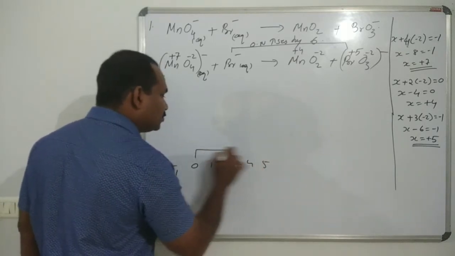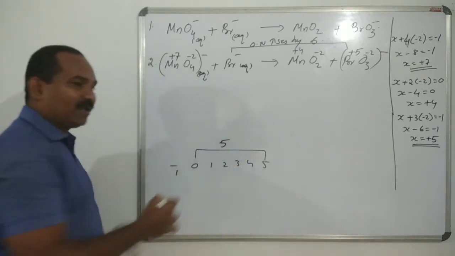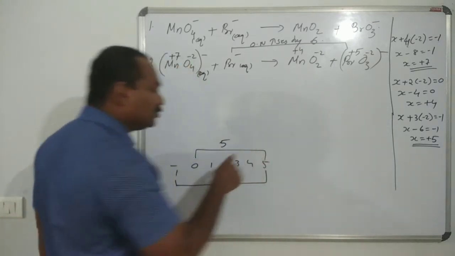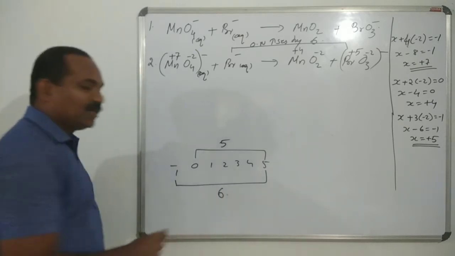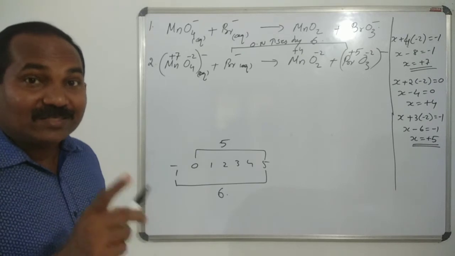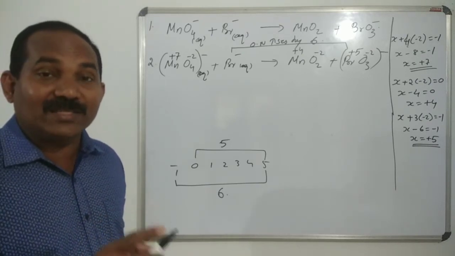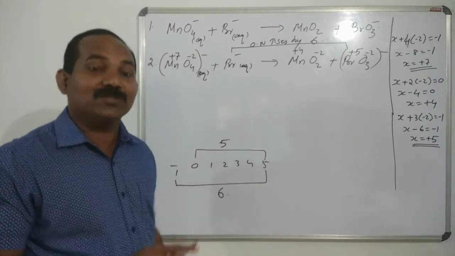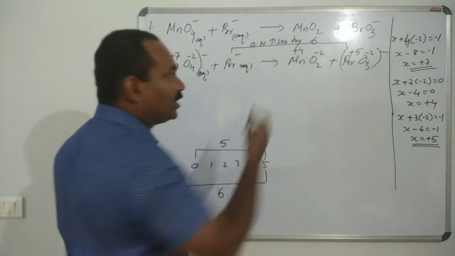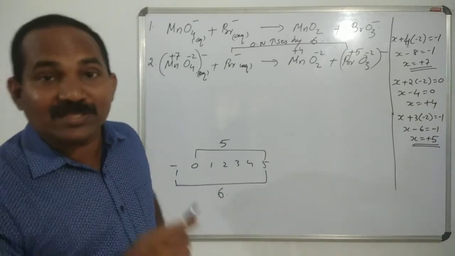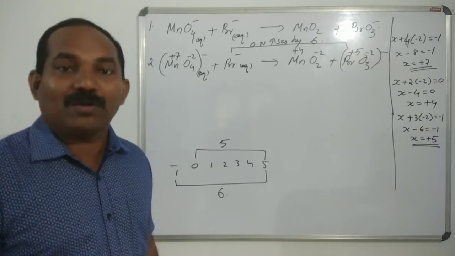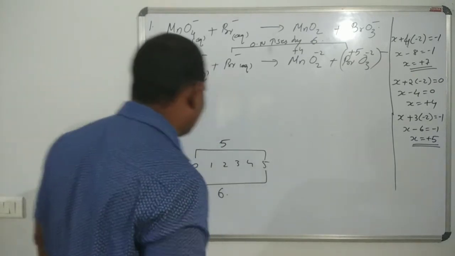If it is 0 to 5, then the oxidation number increases by 5. But it starts from minus 1 to 5, so the oxidation number increases by 6. You remember that. Please take care when you balance a chemical equation, otherwise your answer will be wrong. So Br minus changes into Br plus 5. The increase in the oxidation number is 6, not 5. Keep it in your mind.